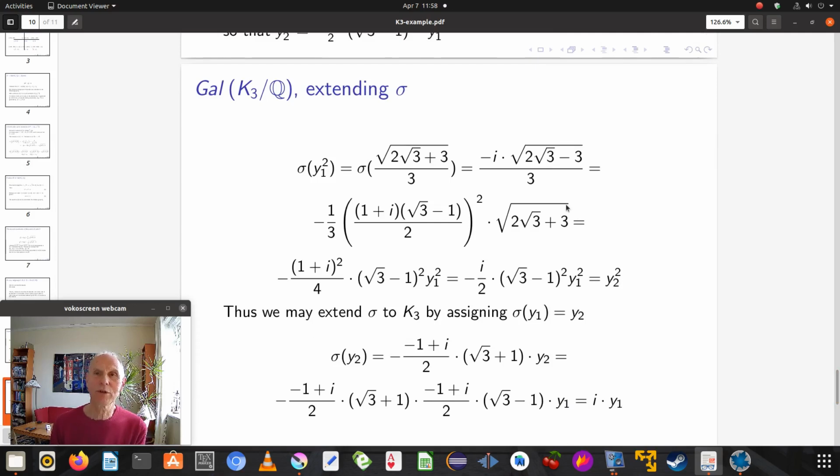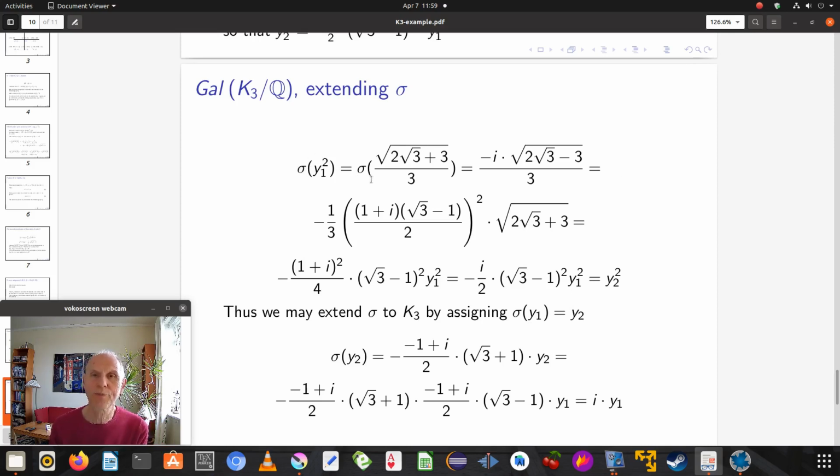We have the complex conjugation, but we choose the natural one, which is embedding K3 in the complex numbers, and then just use complex conjugation. So I don't write that, but we have to extend sigma. And we have extended, well, we have to work out what it becomes, and we'll get a choice, of course.